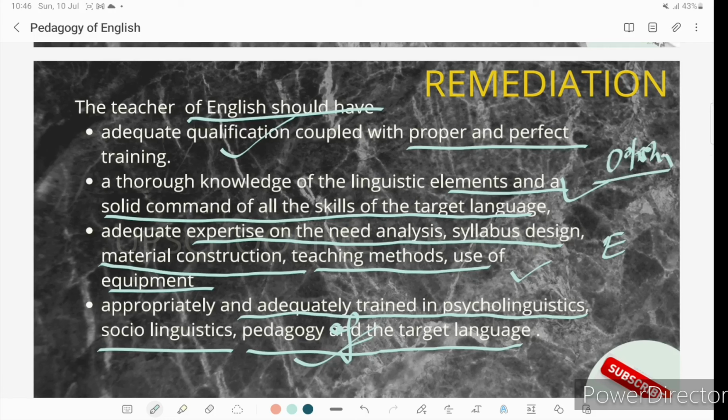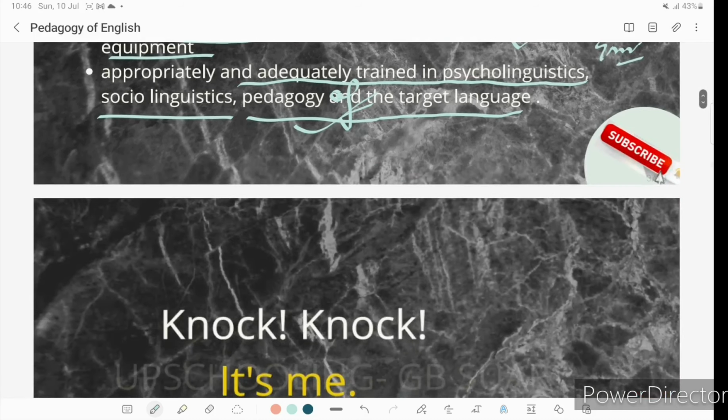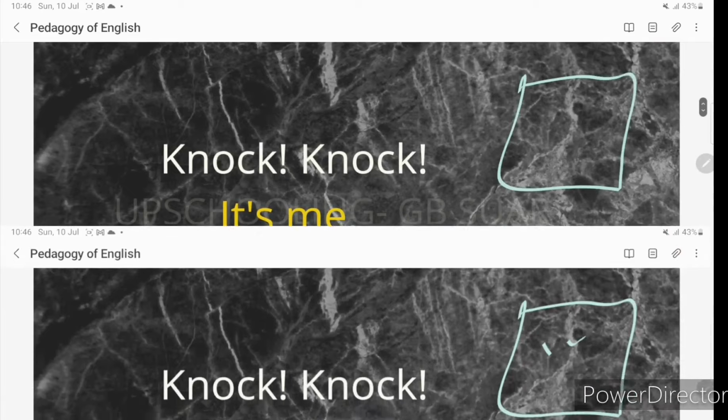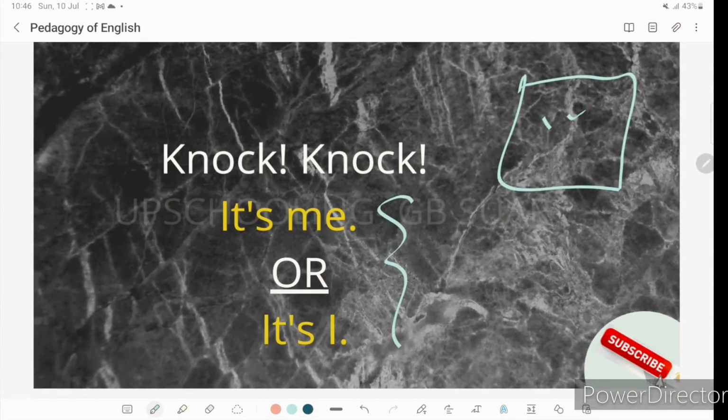On the other hand, this is to reinstate your faith. I can assure you that even the native speakers are sometimes wrong in some aspects of grammar. देखिए एक एग्जाम्पल के साथ हम आपको समझाते हैं उसको. कोई आया, डोर में नॉक किया. Who is there? Native speaker says that it's me. But this is grammatically not sound.